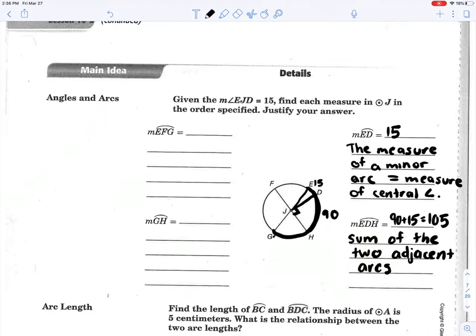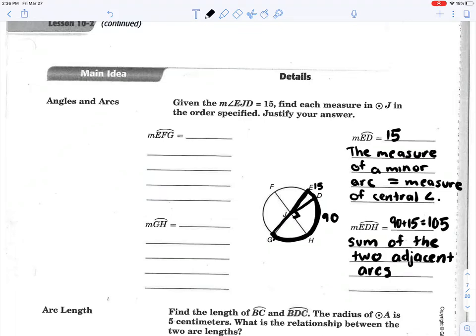Okay, so keep moving along. I'm asked for GH. If I look here, GE is a diameter. It goes through the center. I know circle J is the name, so J has to be the center. That means this entire arc has to be 180 because it's exactly half the circle. The diameter is going to cut it in half.